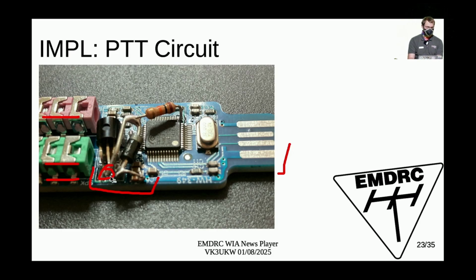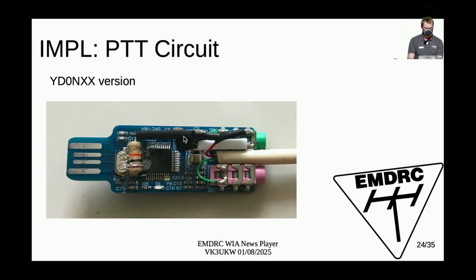And we've removed the left audio channel. And instead, we're putting out the PTT signal there. And you've got your diode and your transistor and your resistor here. And out here on the chip connected, you've got your output signal. And that way, you've got that connected.